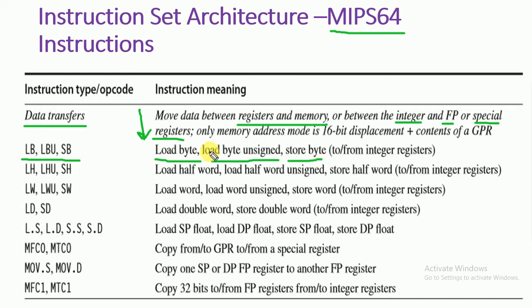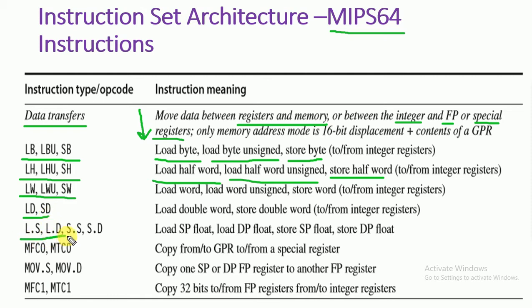So all these are from register to memory and from memory to register. Load byte unsigned, store byte. Similarly, another set of load operations, load half word unsigned. We have already mentioned half word in the previous types and sizes of operands. Similarly, store half word, load word unsigned, store word. Then load double word, similarly store double word.